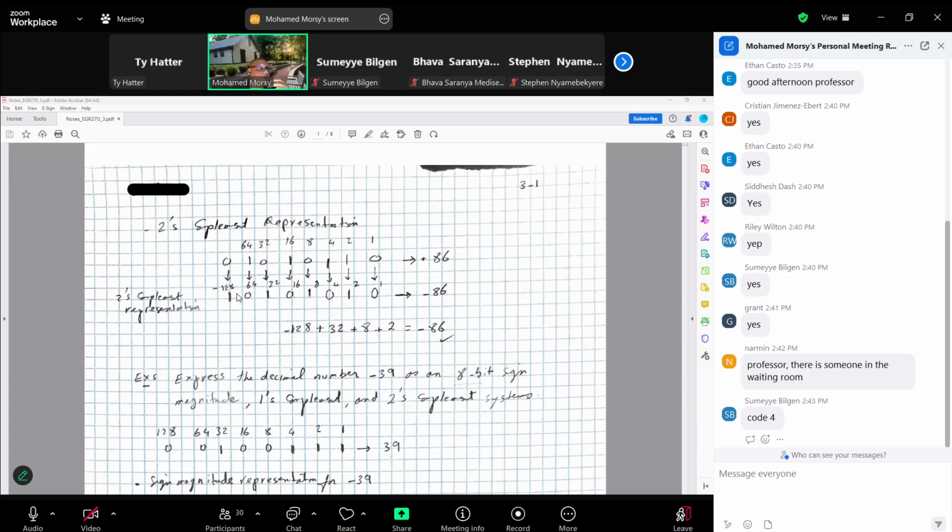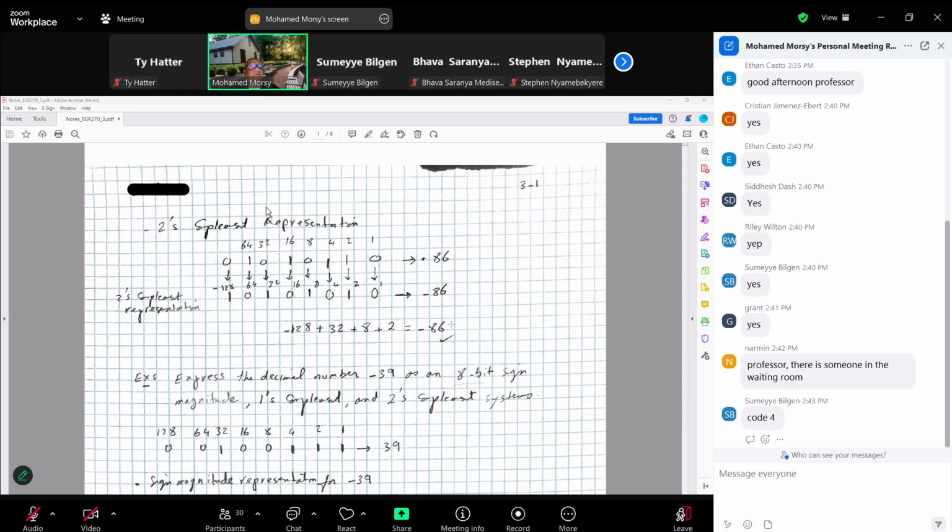And the last one is not 128, it is minus 128. In two's complement representation, the last bit here is negative. Then add. So minus 128 plus 32 plus 8, because under 8 we have 1 here. So plus 8 plus 2, we get minus 86, which is correct.